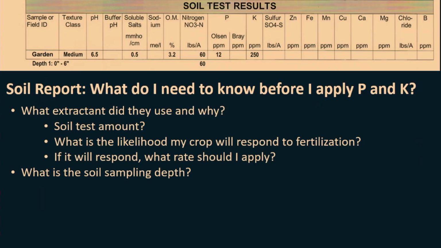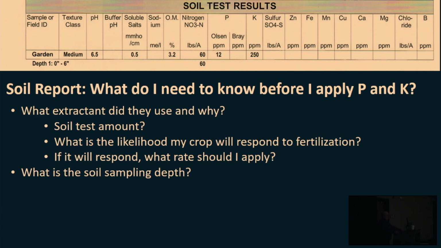So on a soil report, what do you really need to know before you apply any fertilizer? Well, knowing what P extract was used is very important, and we'll talk a little bit about that. And then what was measured, the amount in the soil test. What is the likelihood of a response given the soil test on your report?